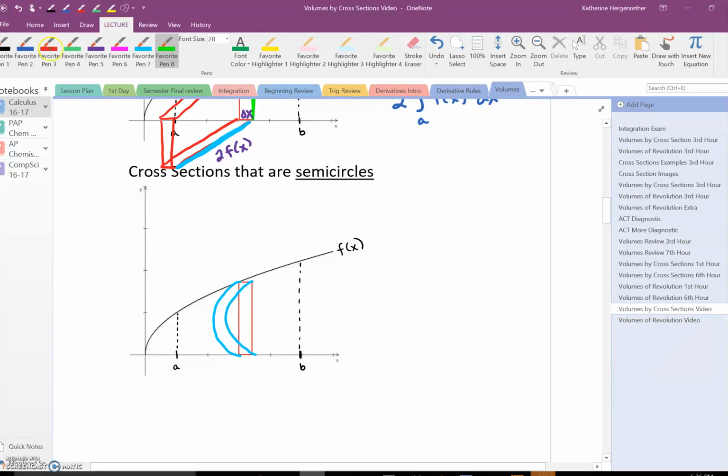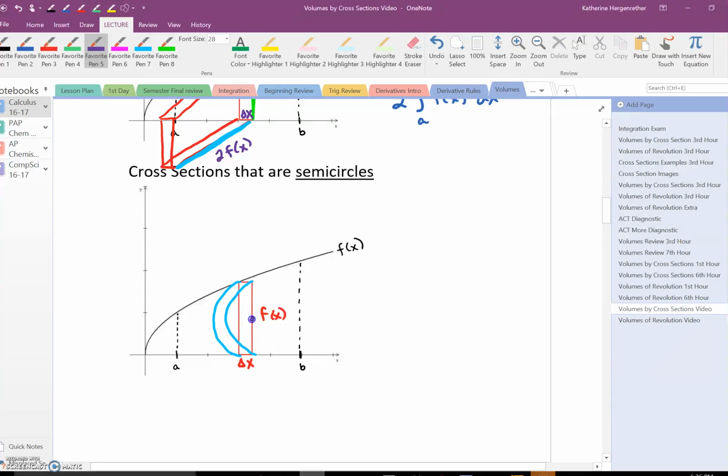Okay, well, we have to know our dimensions. So this distance is still f of x, and this is our delta x. Now, the dimension coming out at you, which is in blue, that we also have to know, but what we should know is since it's a semicircle, what's coming out at us is a radius of the entire circle.